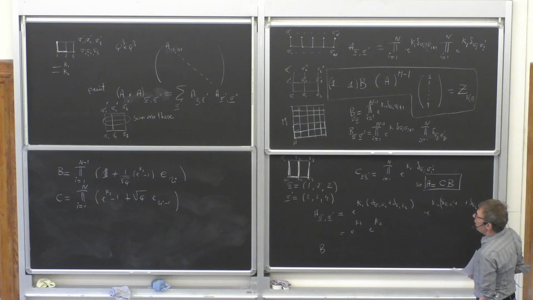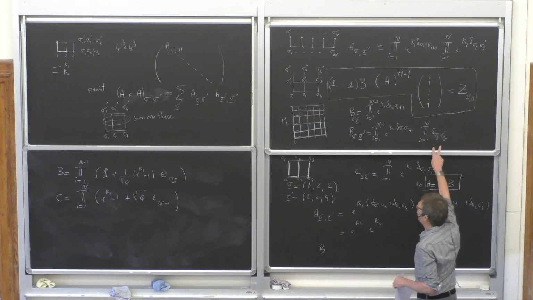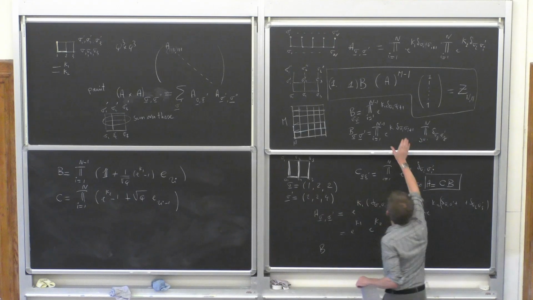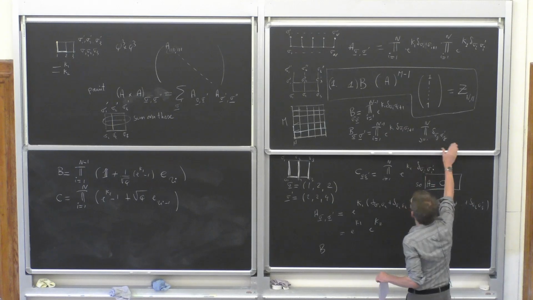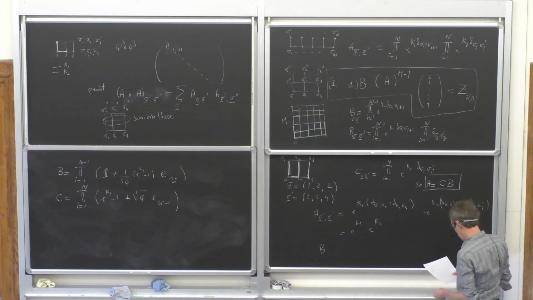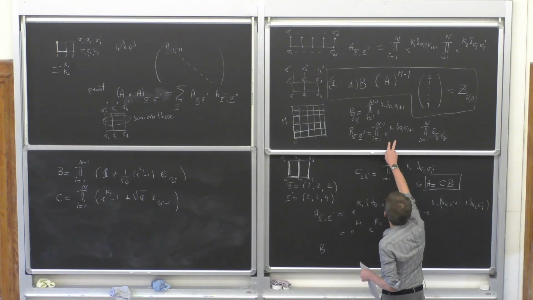All right, so what is B? B has a delta function between sigma and sigma prime. So the identity is exactly what it is. If I didn't have this term, the product of delta functions I could write as just the product of the identities, each of them acting on the spin j. As for the first term, it contains e to the k1 delta sigma i sigma i plus 1.